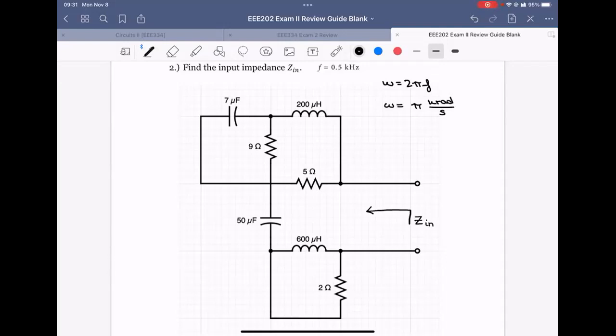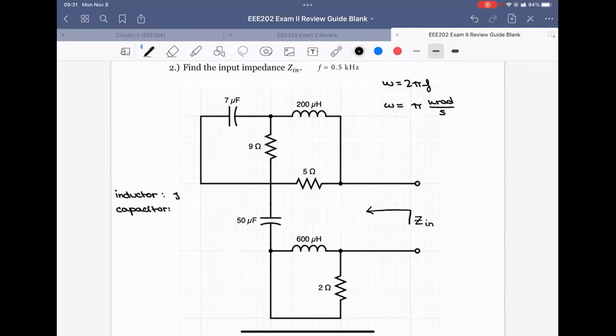Next, look at the capacitors and inductors that we have here. We have a 7 microfarad capacitor, a 200 microhenry inductor, a 600 microhenry inductor, and a 50 microfarad capacitor. I would change all of these, and you need to remember what an inductor and capacitor are.